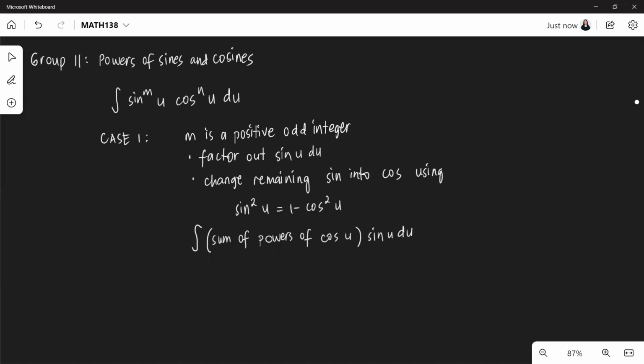So the first step is to factor out sine u du. You put aside sine u du and then change the remaining sine into cosine using the Pythagorean identity, so that you can express the remaining sine function as a sum of powers of cosine u. That way you can easily get the integral of these cosine u functions because the sine u du is already present.